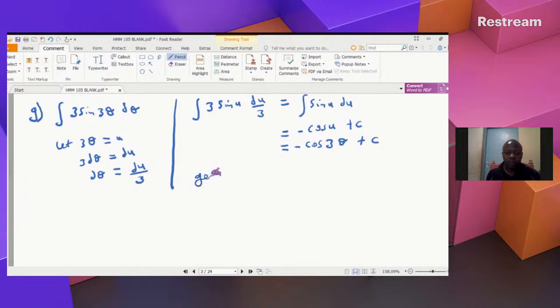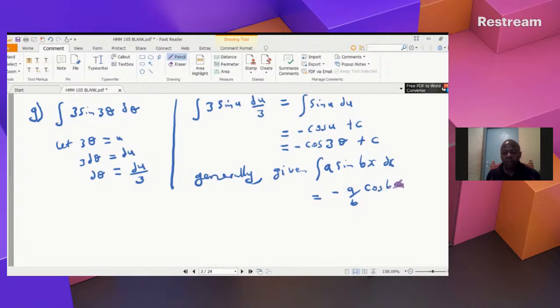So generally we say that given the integral of a sine of bx dx would be negative a out of b cos bx plus constant of integration.